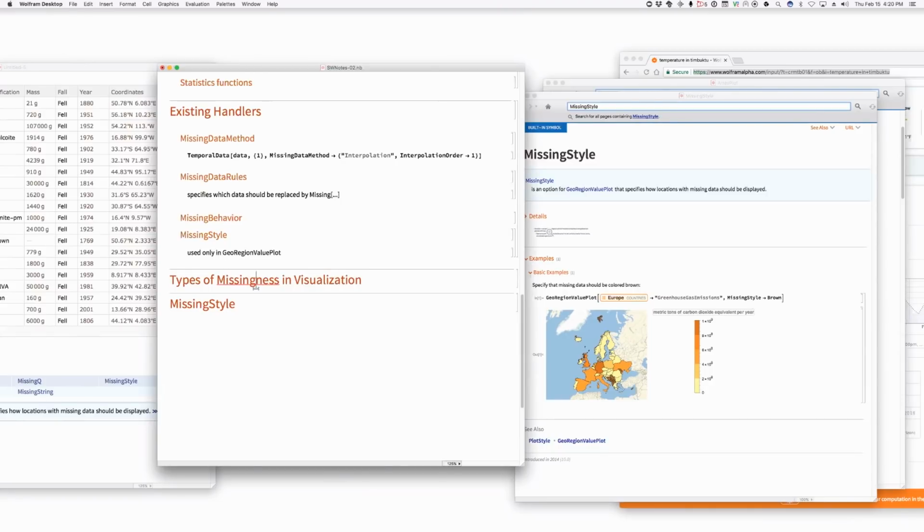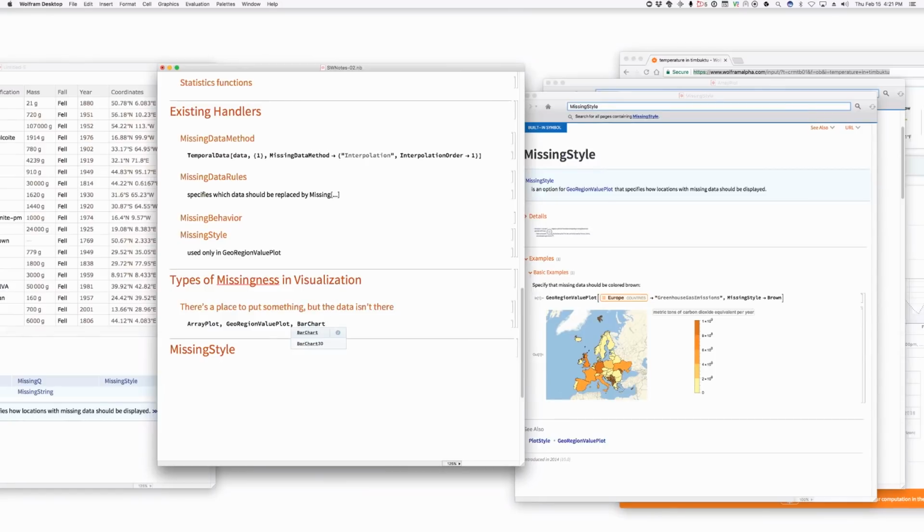Okay, so one thing is there's a place to put something, but the data isn't there. Right? So examples of that include array plot, georegion value plot, bar chart, I believe, pie chart, I believe, too.